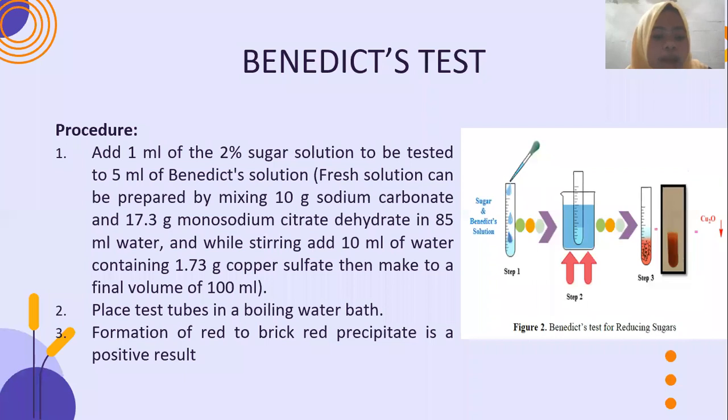Number 2, place test tubes in a boiling water bath. Number 3, formation of red to brick red precipitate is a positive result.